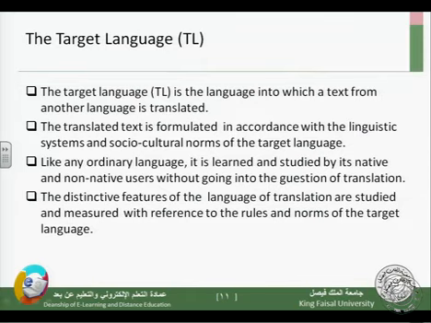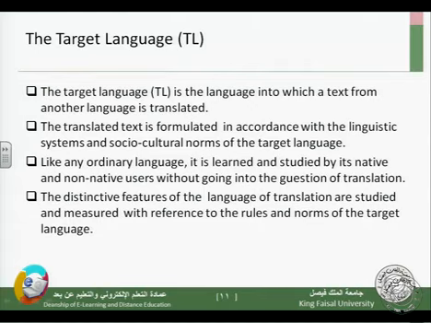So if you want to investigate the language of translation, let's say in 50 samples of different translations in English, then you have to use English as a target language and the texts translated into English by different translators. And then you can say, okay, the language of translation of these translators using English as a target language is such and such. So these are the 6 main elements of translation.